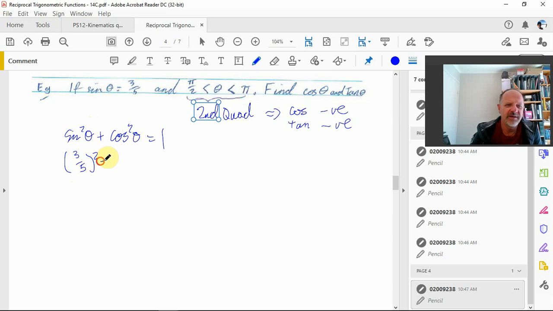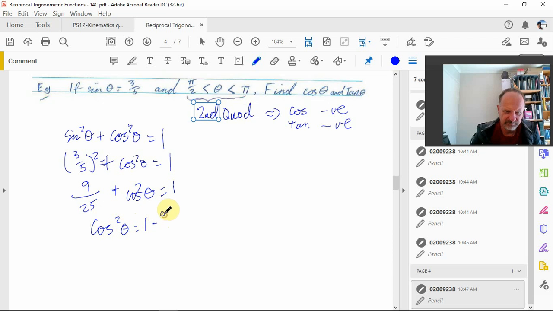So 3/5 squared plus cos squared equals 1. Now 3 3s are 9 and 5 5s are 25. Then we need to take 9 25ths from 1, which of course is 25 25ths. Minus 9 is 16 25ths.